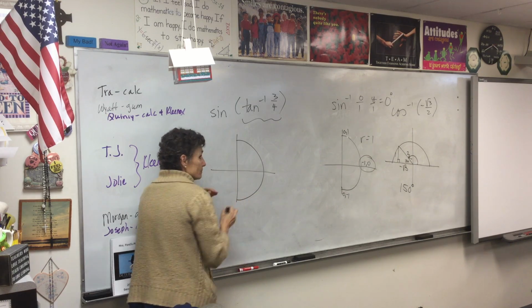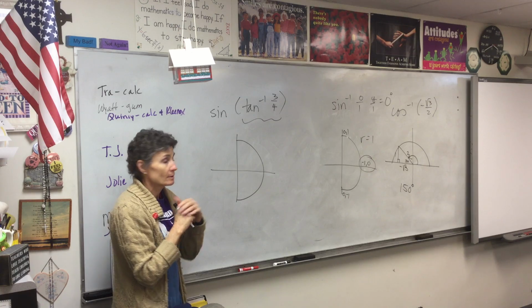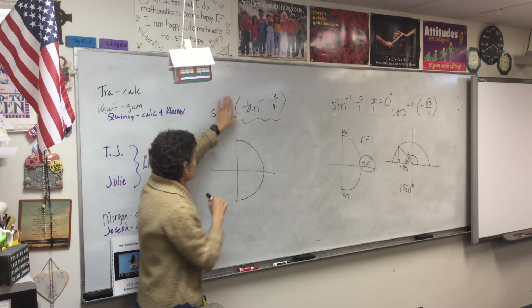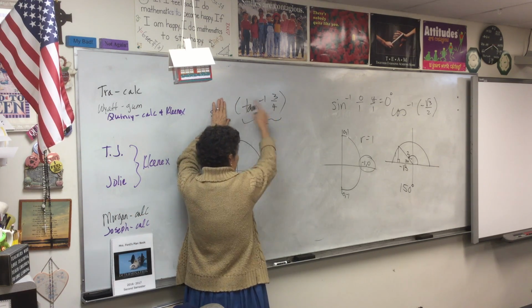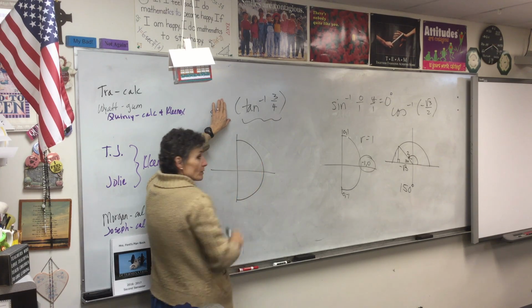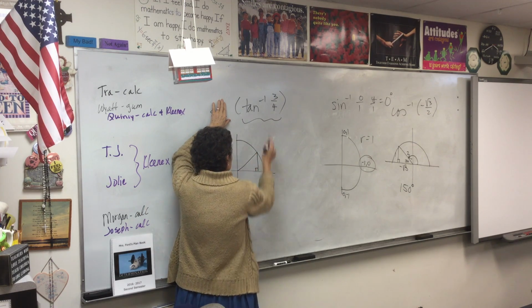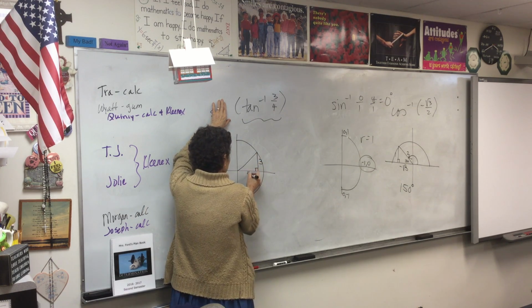We're over here. Why am I over there? Tangent. I'm looking just inside the parentheses. Now, shall I draw it in quadrant 1 or quadrant 2? 1, because this is a positive number.